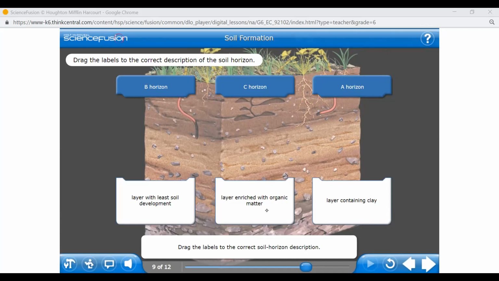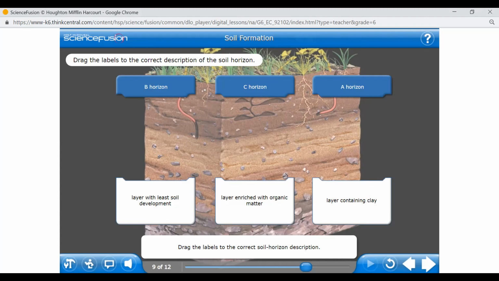Judy, can you help me with A horizon, B horizon and C? Layer rich with organic matter, layer with least soil development. The first one is A horizon. Where is the A horizon?